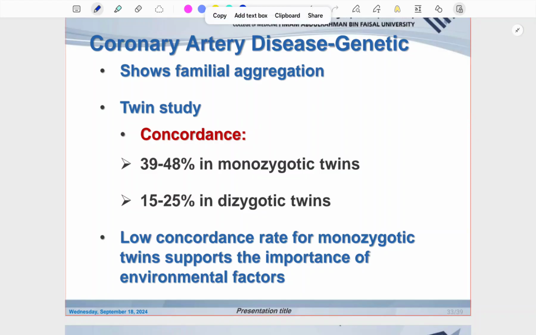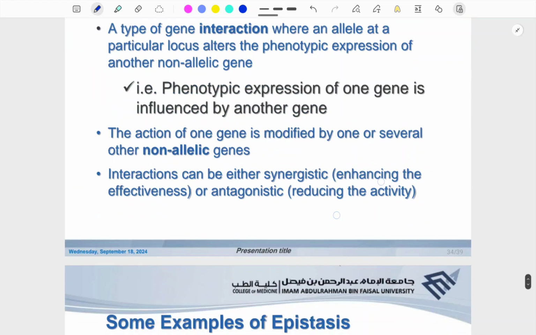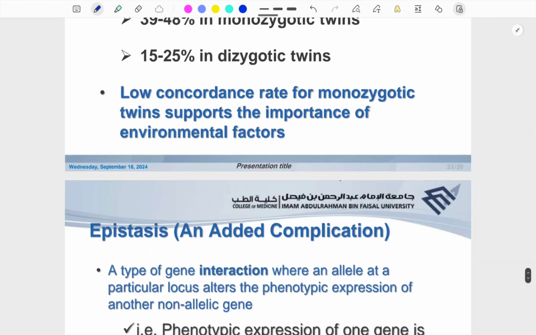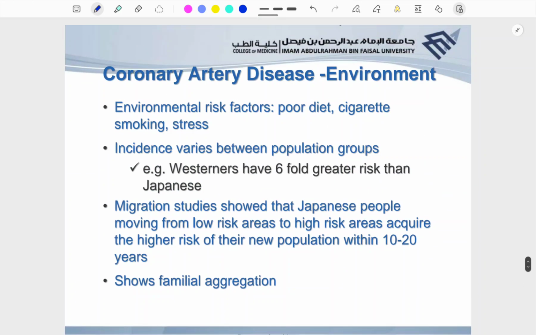McDonald's did not exist there, and they went there and every one eats McDonald's as they like. Understand? Suddenly they became at a higher risk, the same as the Americans, which shows you this is an environmental factor. Migration studies showed that Japanese people moving from a low risk area to a high risk area acquired the higher risk within 10 to 20 years. This is clear, it shows familial aggregation, it occurs in families.